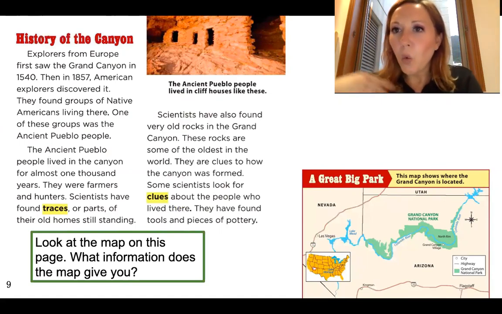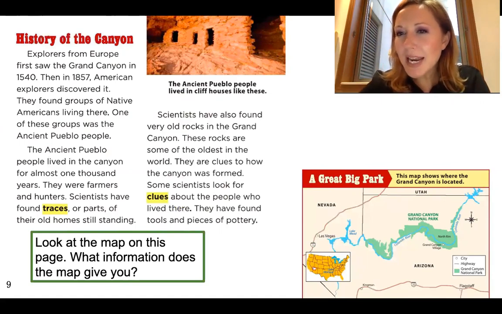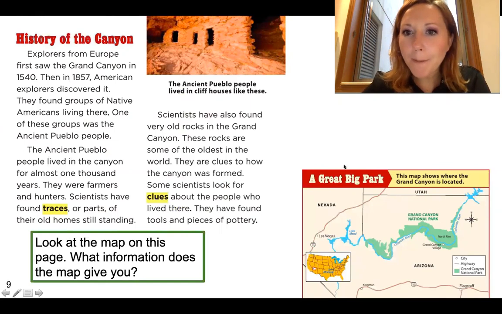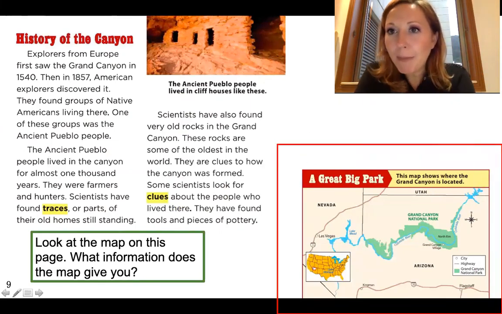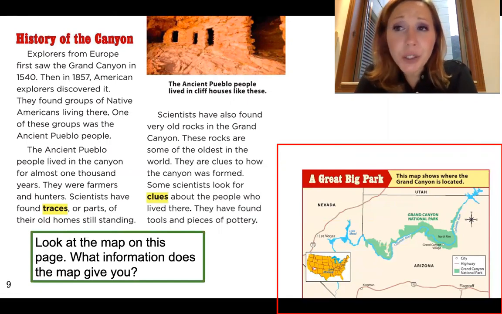Okay, so let's take a look at the map. What information is this map giving us? Okay, good. So it's showing us where the Grand Canyon is located. Can you find the 3 states where the Grand Canyon is located?